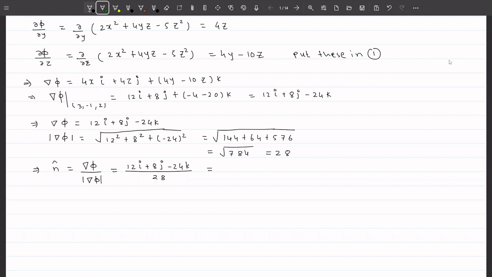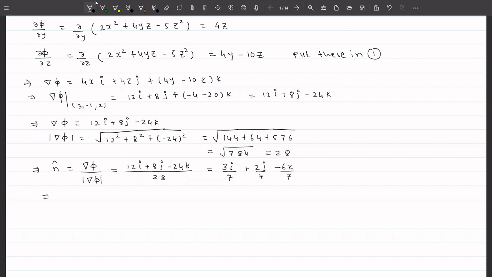So 12 by 28: 4 3s are 12, 4 7s are 28, so it is 3i by 7. Plus 8 by 28: 4 2s are 8 and 4 7s are 28, so 2j by 7, and 24 by 28 gives minus 6k upon 7.